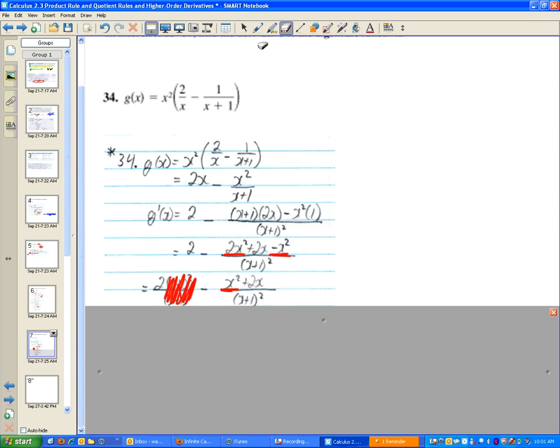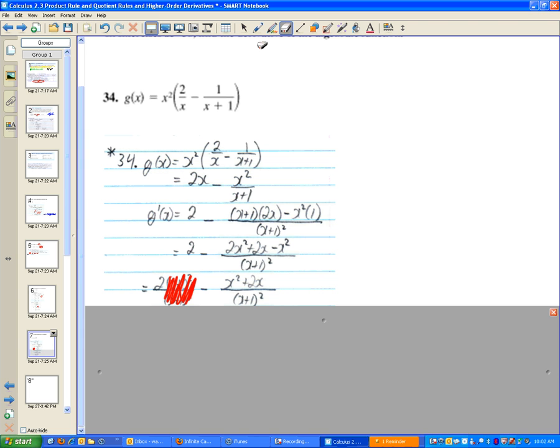All right, now, we were wimps on the one we did before because I was just so grateful that you could follow me on changing the radical to an exponent, getting a common denominator with the exponents. We didn't bother getting it as one final big, huge quotient. Well, we are now. So, if this term has a denominator of x plus 1 quantity squared, and we're going to combine that 2 with it, don't we have to turn that 2 into a term that has a denominator of x plus 1 quantity squared?